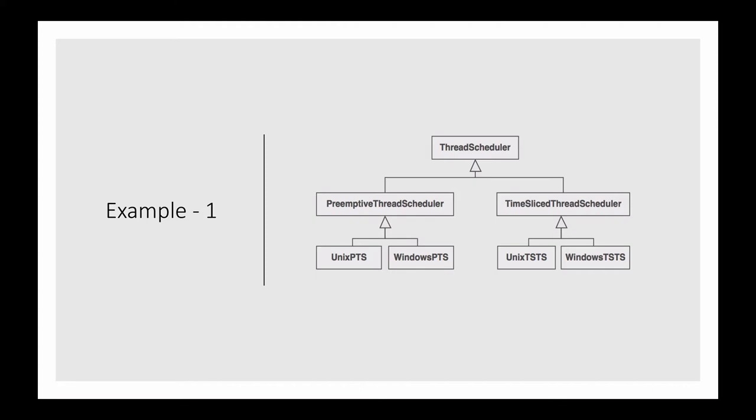In this example, what we have is a thread scheduler, which is an abstract thread scheduler, which has some extensions, which are preemptive thread scheduler and a time sliced thread scheduler. So now let's say each of the thread schedulers again has a platform specific behavior.